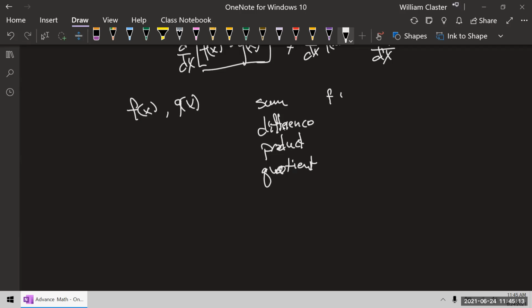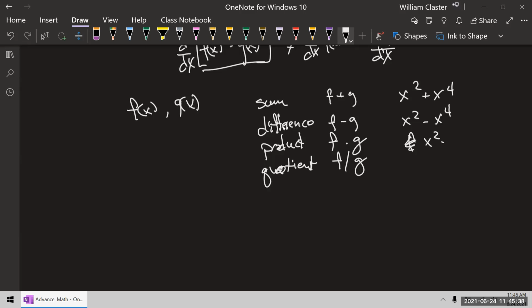So this means f plus g, this means f minus g, this means f times g, and this means f divided by g. And we can talk about all of these. Like if we have x squared and x to the fourth, we can talk about x squared plus x to the fourth. We can talk about x squared minus x to the fourth. We can talk about x squared times x to the fourth. And we can talk about x squared divided by x to the fourth. No problem, right? These are all natural things to do.